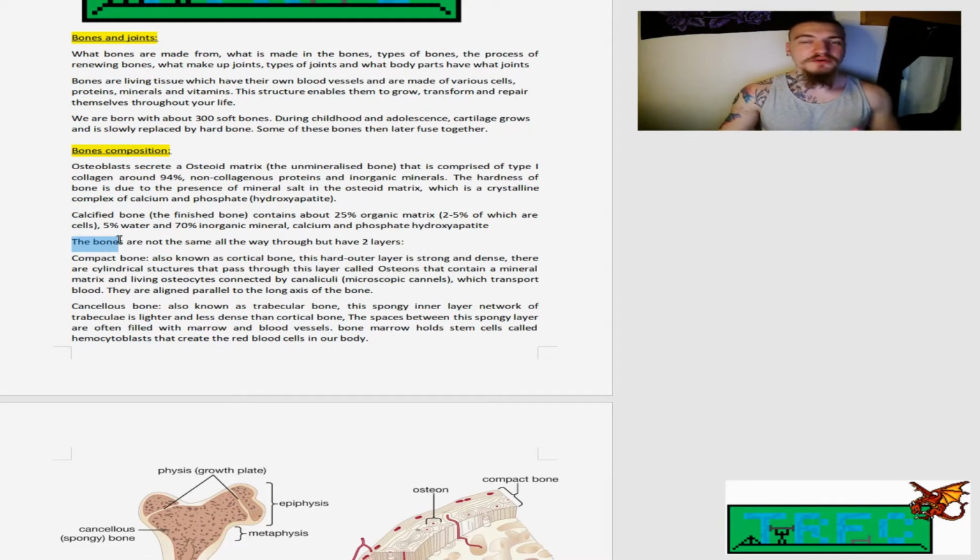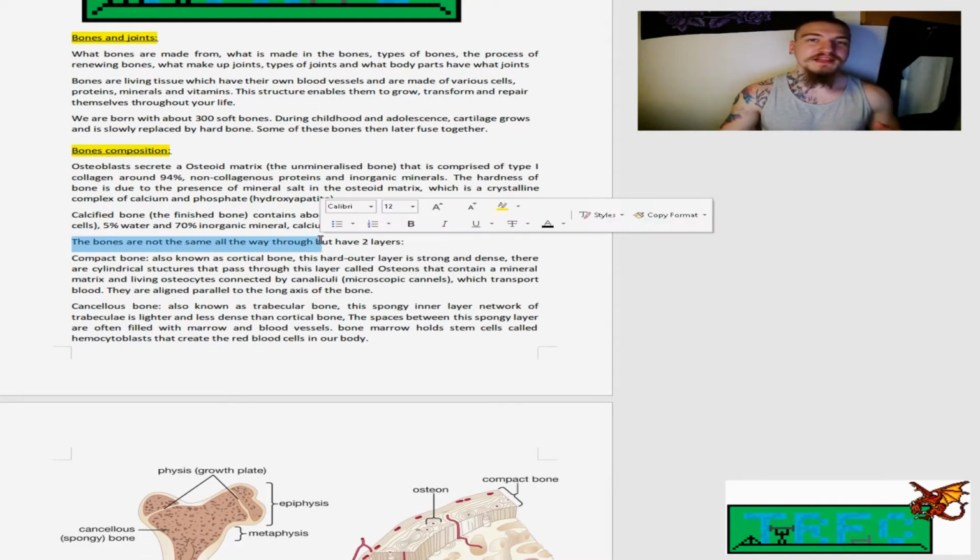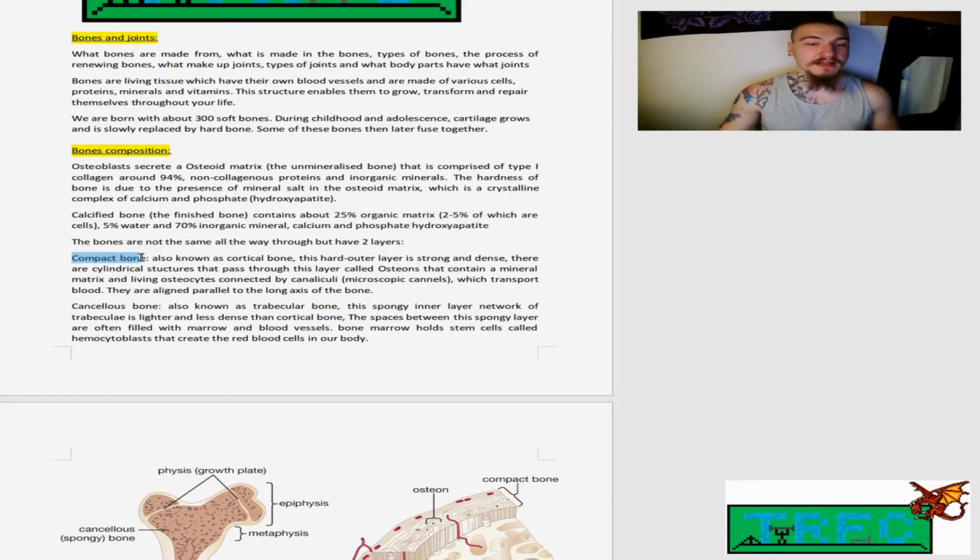Now, bones are not the same all the way through. They actually consist of a couple of layers. So you have your compact bone, also known as the cortical bone. This hard outer layer is strong and dense.